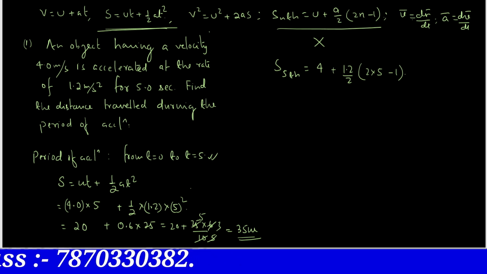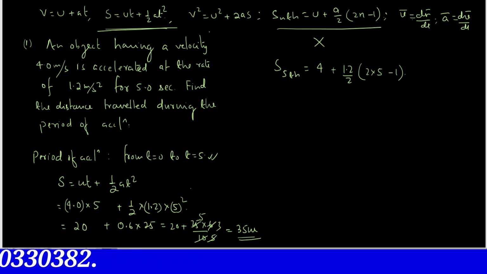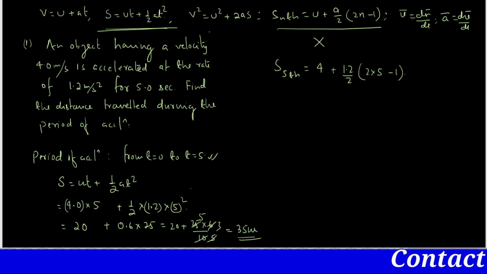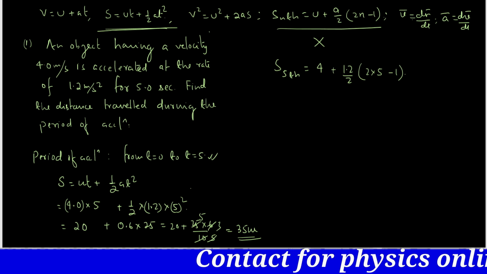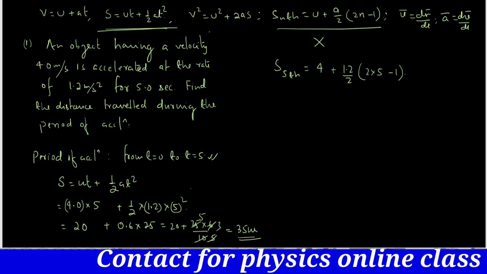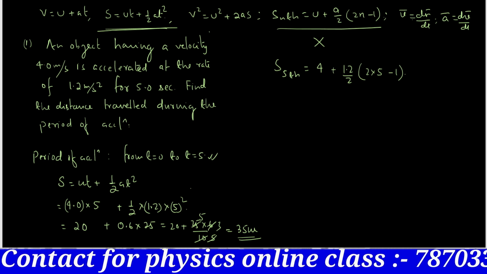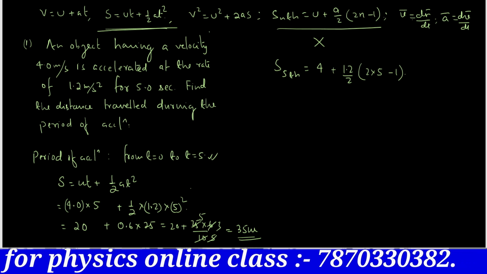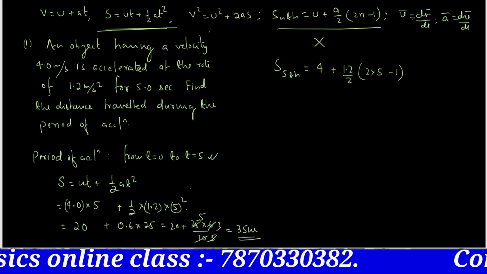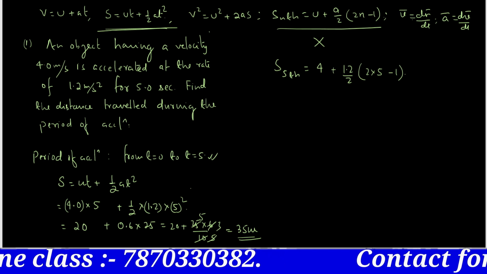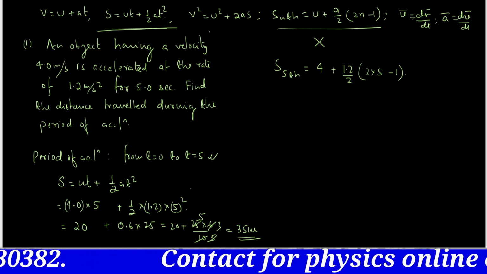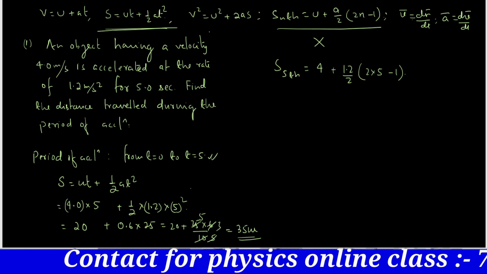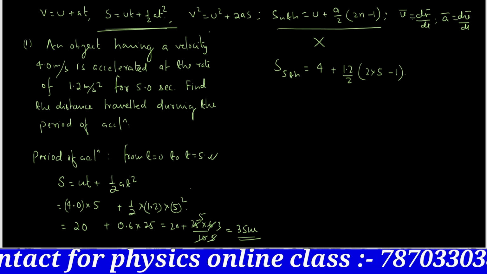In this case, where a will be equal to g, this will be called vertical motion under gravity. In the next class, I will discuss this. Be able to draw and interpret displacement-time, velocity-time graph, and a-t graph. Okay, right.